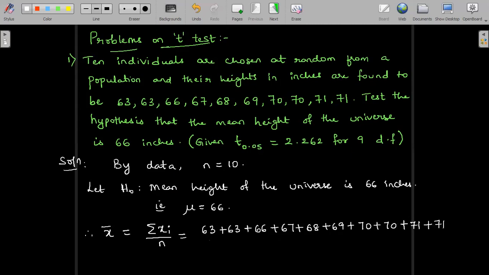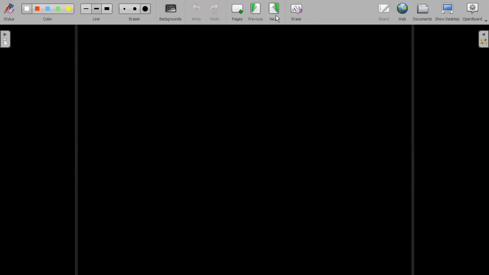The entire value divided by n is equal to 10. So the mean value x bar, this is mean of the sample taken, is equal to 678 divided by 10. And that gives us 67.8.